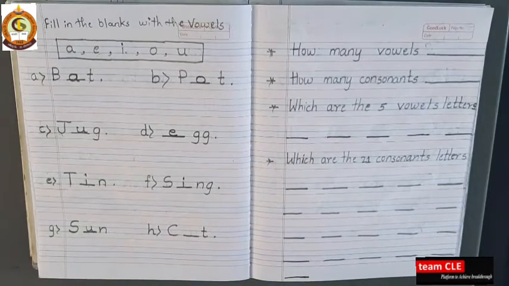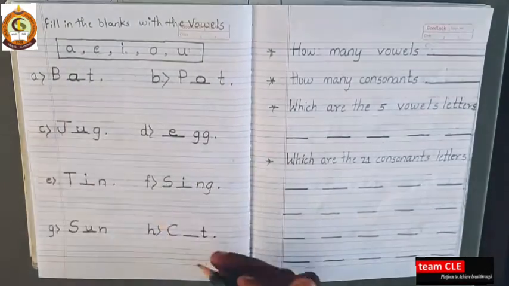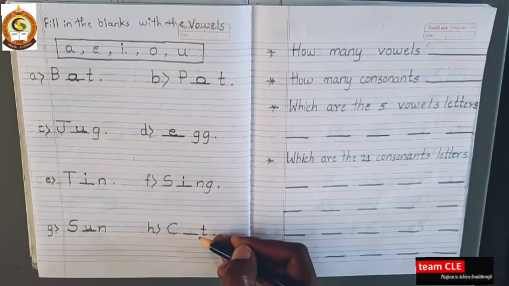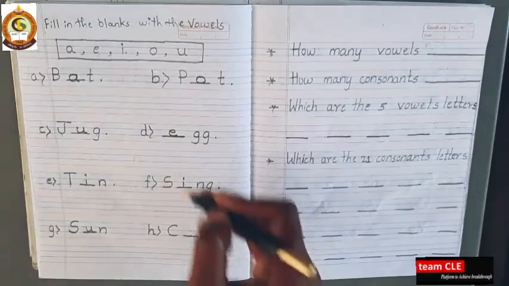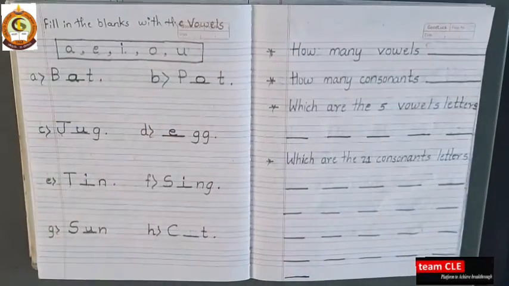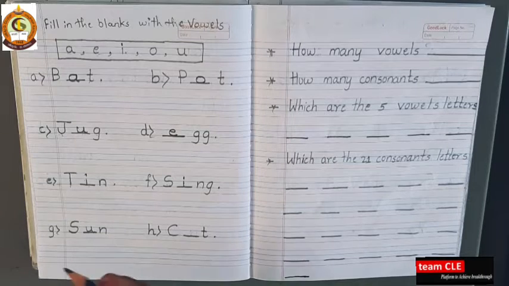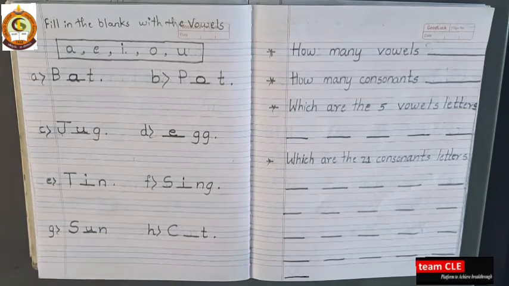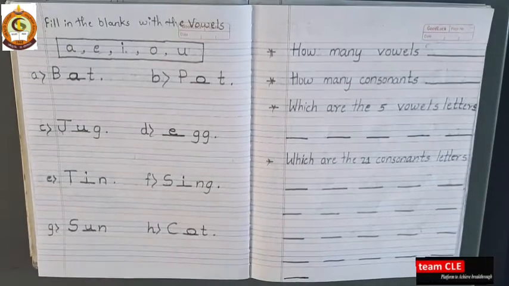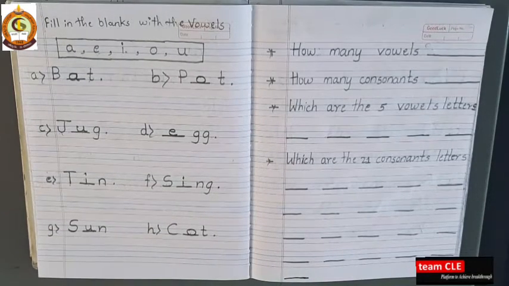So here, children, C-A-T, cat, or C-O-T, cot. So any one vowel, A, O, U, you can write it here. I will write O, C-O-T, cot. So like this you have to fill the vowels.